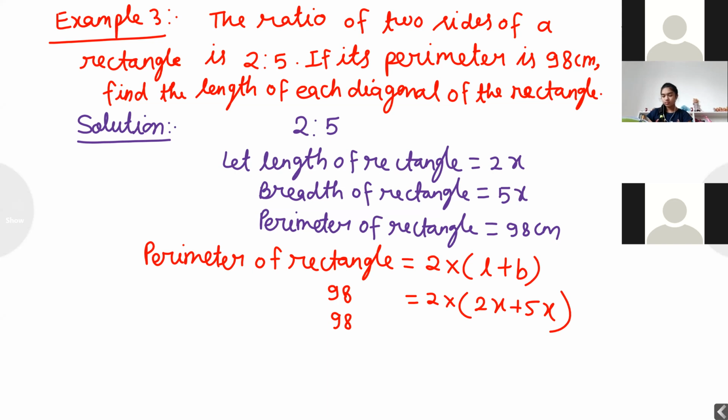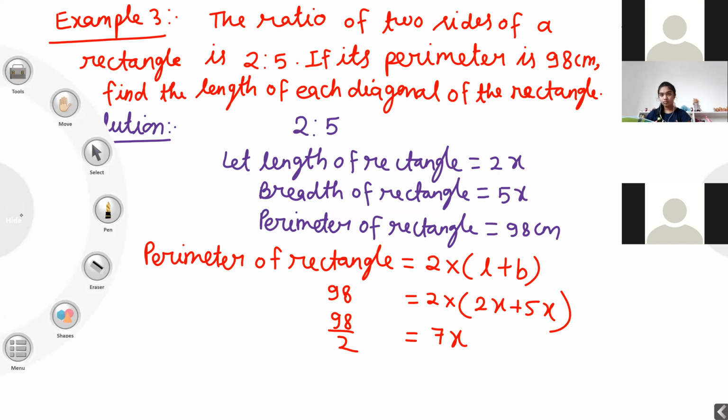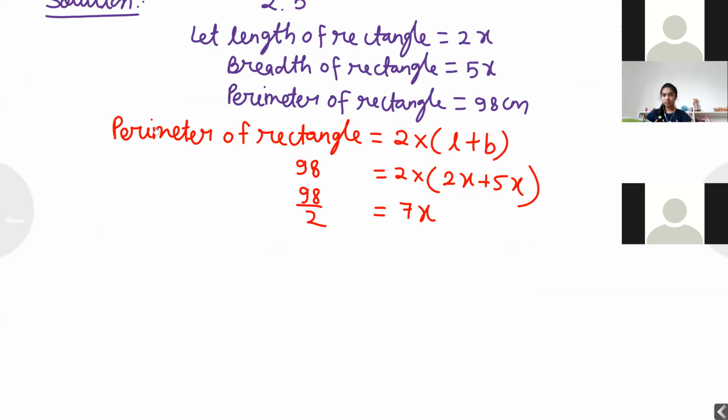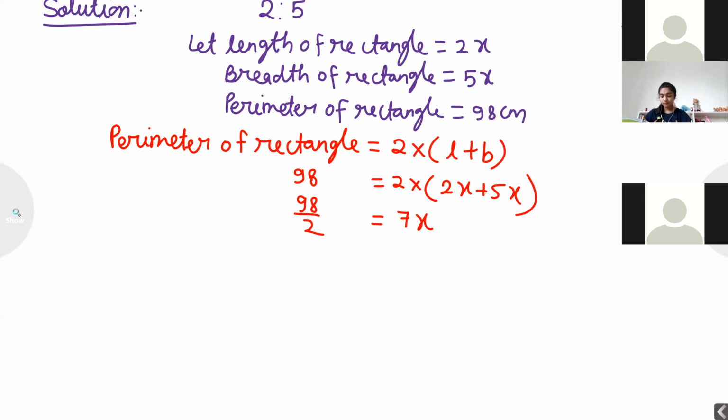98 divided by 2 is equal to 5x plus 2x, 7x. Again, I want to find out the value of x. Now 7x means 7 into x.